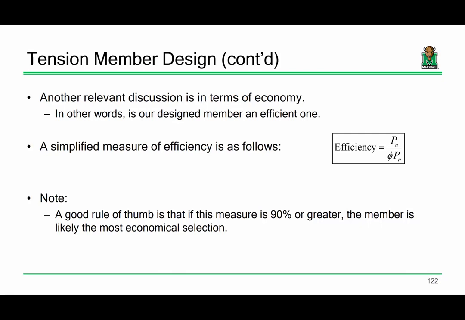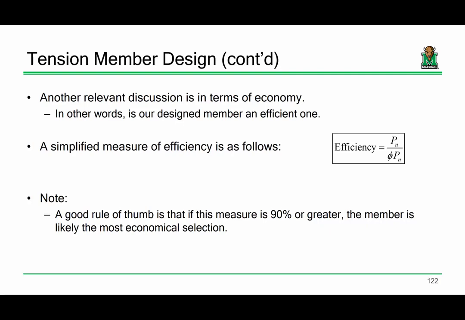What was the factored capacity? 255.6, right? What's the ratio of those two? What's 240 divided by 255.6? 0.938. Do I have a second on that? Okay. I propose that the efficiency of that member is about 93.8%.